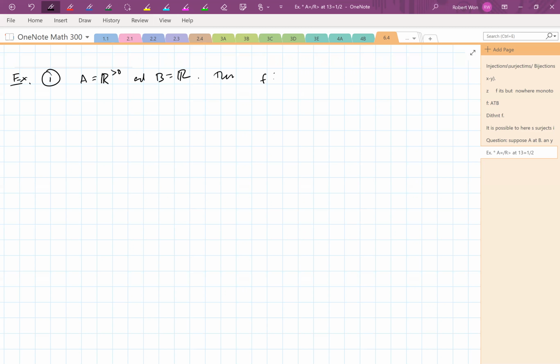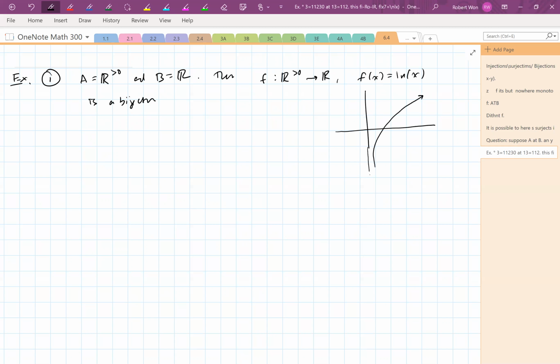Then F from R greater than 0 to R, defined by F of X equals natural log of X, is a bijection. The graph of this function looks like this. So it hits everything in the codomain.